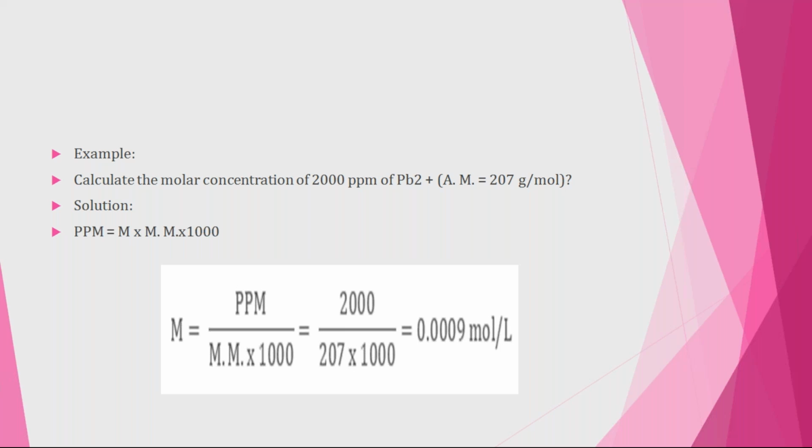So example, calculate the molar concentration of 2000 parts per million of Pb2 plus. What is Pb2 plus? It's nothing but lead. Lead is a heavy metal. So you need to check it.